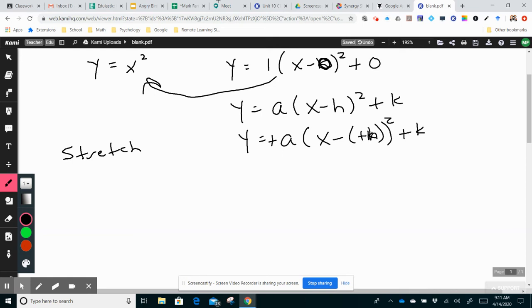So the stretch is actually getting more narrow, because this is a vertical stretch. For example, it stretches and becomes more vertical, closer together.